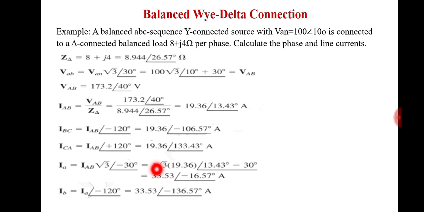And IB is equal to IA with angle minus 120 degree. So the value becomes 33.53 and angle minus 136.57. Here the summation of angle minus 16.57 and minus 120 degree, so the angle becomes minus 136.57.